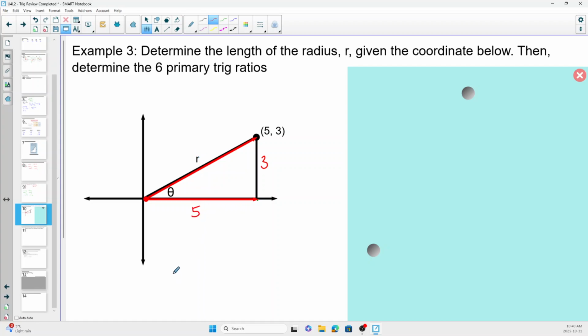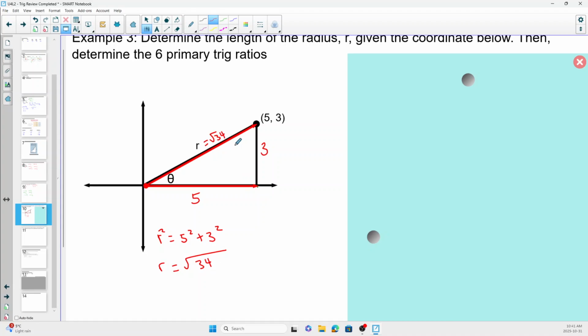If we want to know the value of r, we can use the Pythagorean theorem and say that r squared is equal to 5 squared plus 3 squared. Or r is equal to the square root of 5 squared plus 3 squared, which is 25 plus 9, which is 34. So r is equal to the square root of 34.